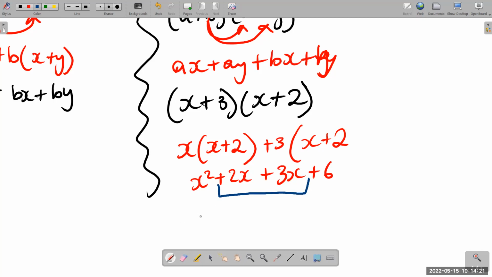So you're going to end up with x squared plus 5x plus 6. Anybody realize that the middle is the sum of the two back numbers? Anybody remember factorizing with the AC rule? The middle is the sum and the back is the product. So 3 times 2 is 6, and 3 plus 2 is 5.